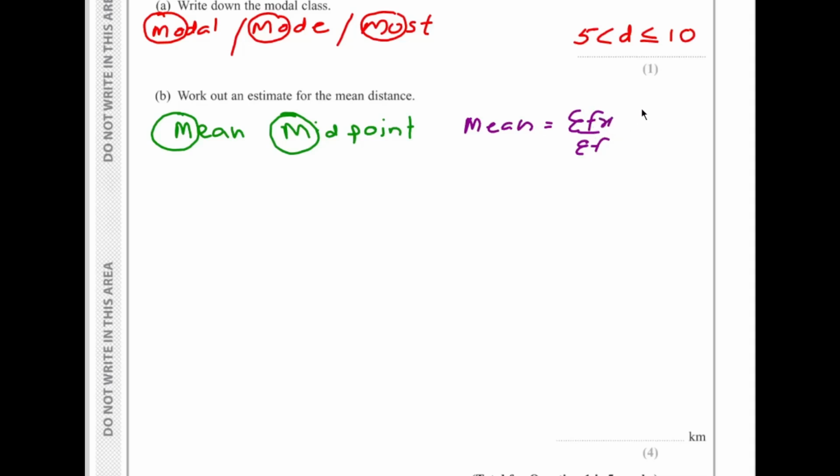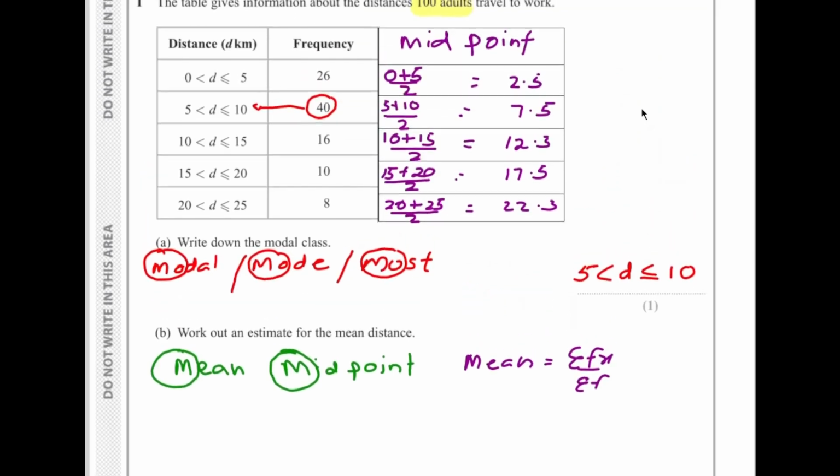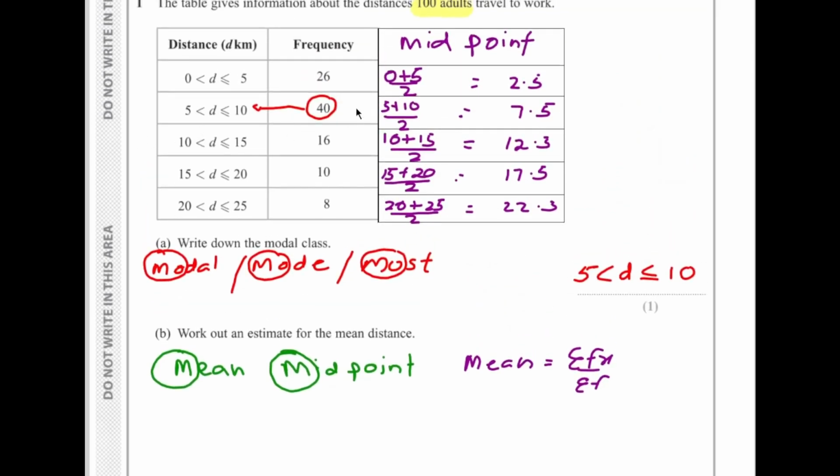There are a lot of frequencies and a lot of midpoints. So frequency times midpoint, plus frequency times midpoint, because the formula says to add the frequency times the midpoint.